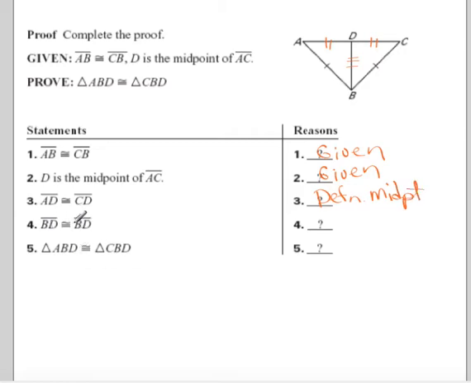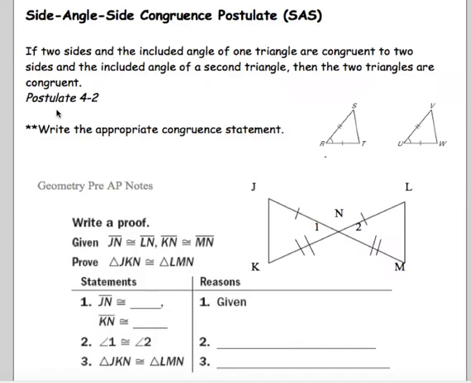BD congruent to BD, that's the shared side, that's the reflexive property of congruence. And now we can say that the triangles are congruent by the side-side-side congruence postulate. And that's the proof for that one. There's our side-side-side sample.